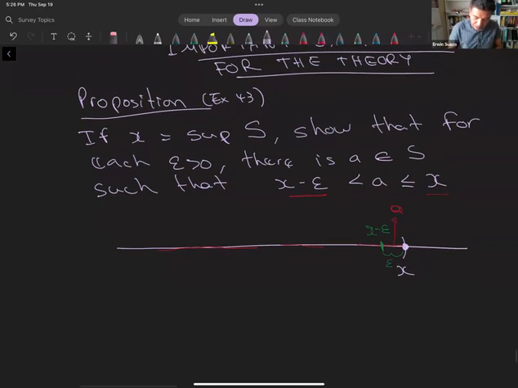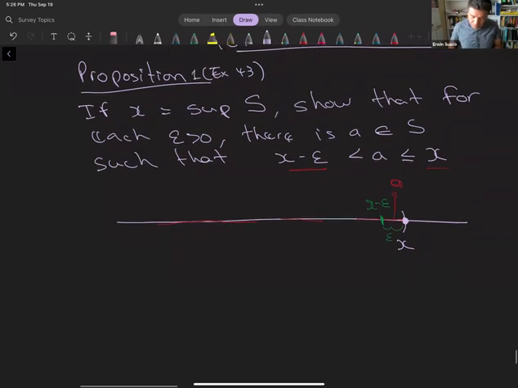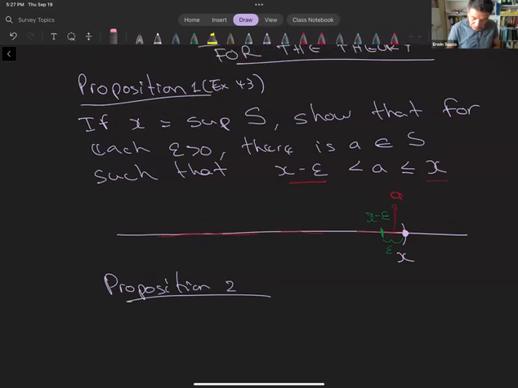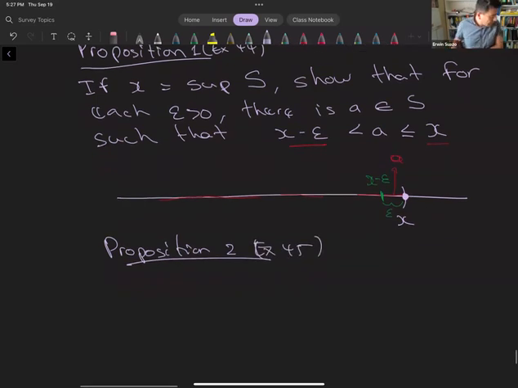And the other one is similar. Let's say proposition 1 or proposition 2. This is exercise 45. If y equals the inf of the set, remember sup we said is the least upper bound of S, no?